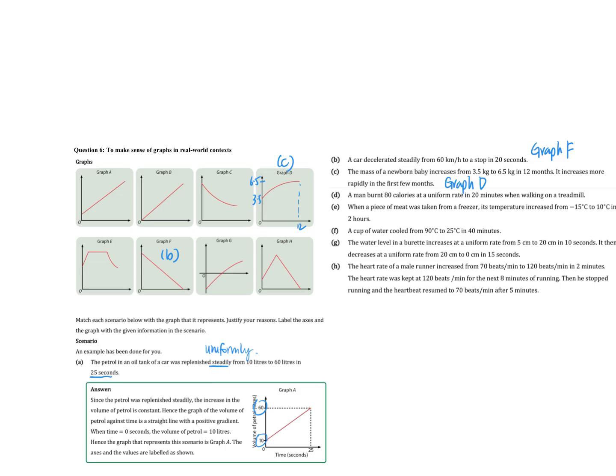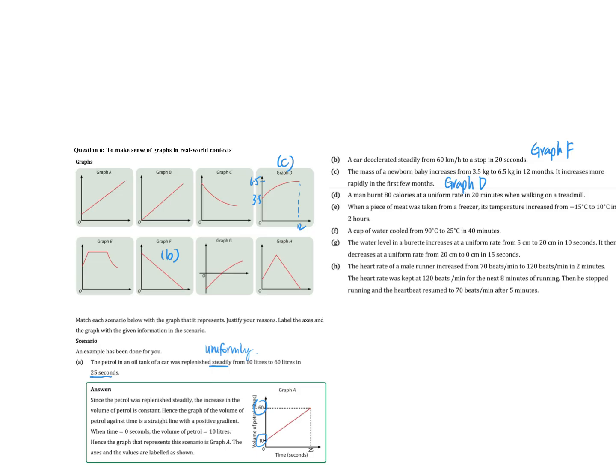Burn 80 calories at a uniform rate. But uniform rate. This one graph F, then the part B is H. B is, but it cannot go to 0. Isn't it B? A man burned 80 calories at a uniform rate in 20 minutes when walking on a treadmill.